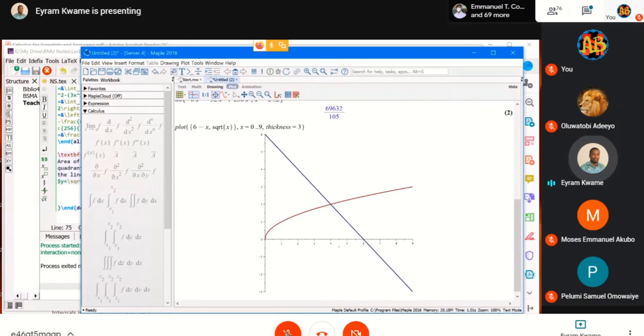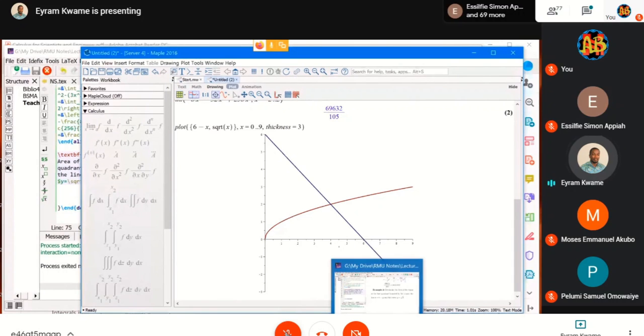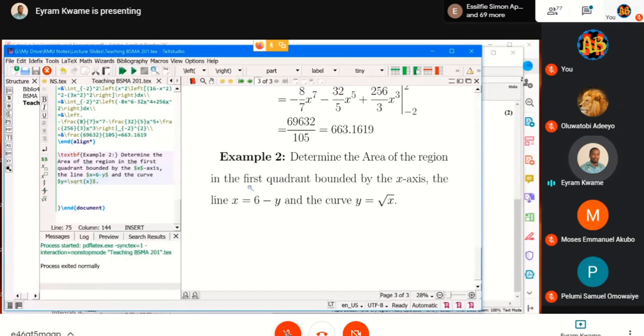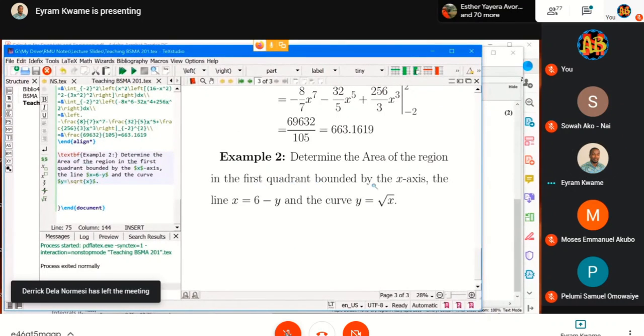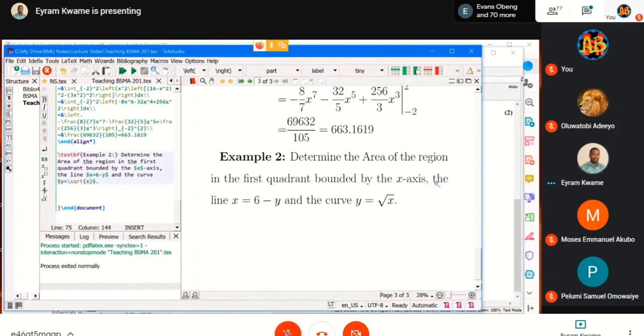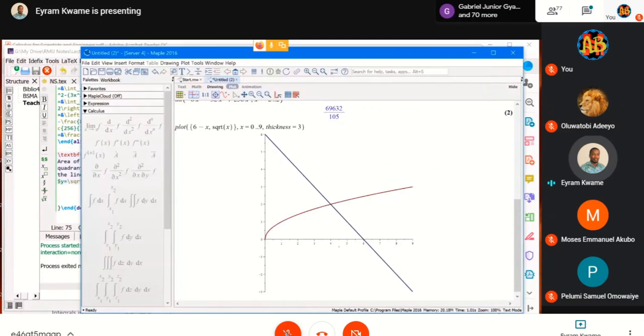We've been told that we are interested in the area bounded by the region in the first quadrant, the x-axis, the line this, and the curve this. So we will have to define exactly where we want to stay. Now let's go to our graph.